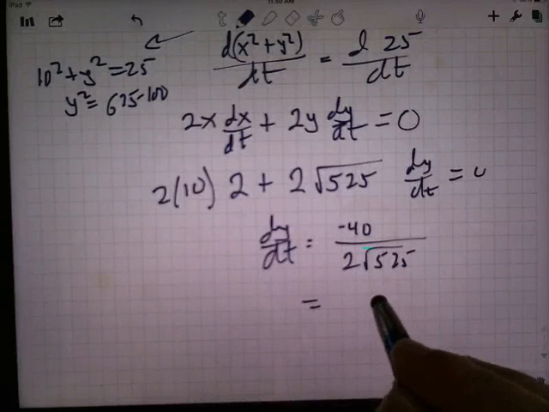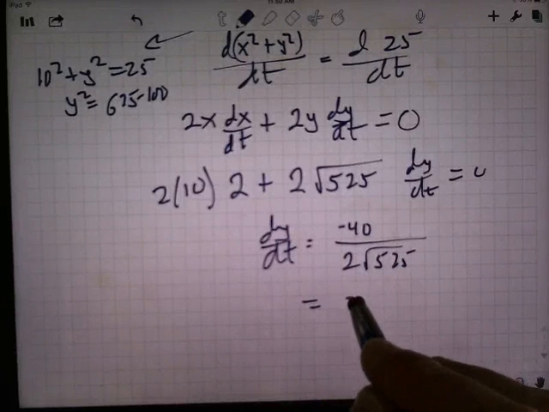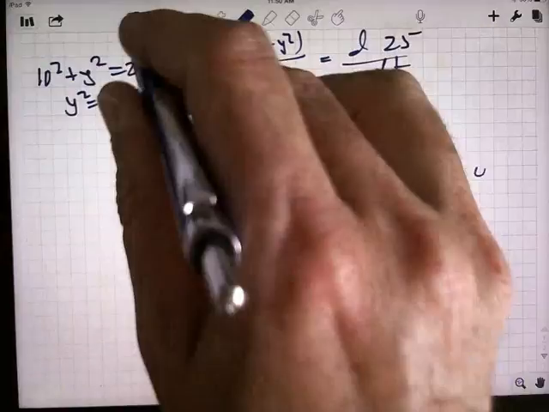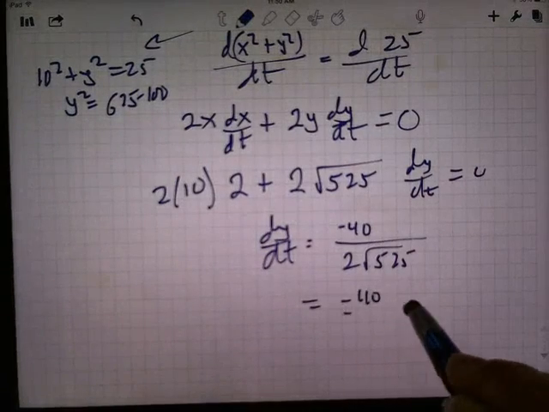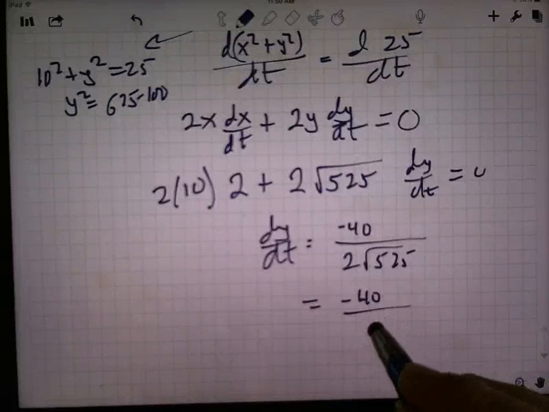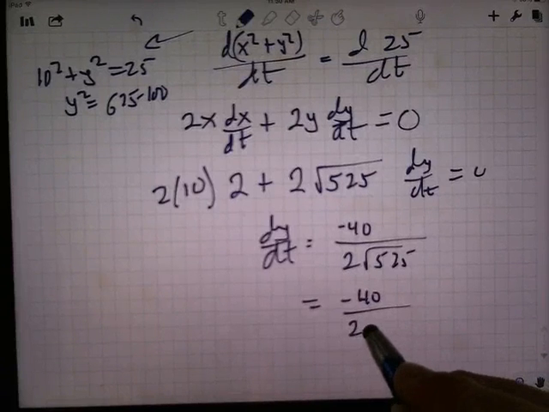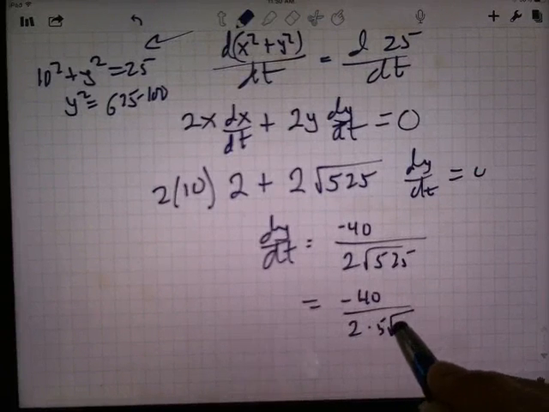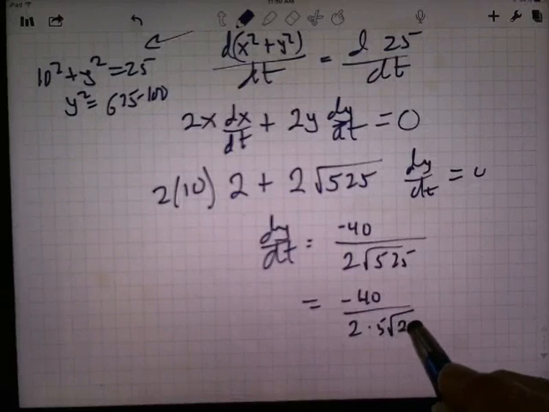So you end up with negative 40 on the top, and 2 times 5 times radical 21 on the bottom.